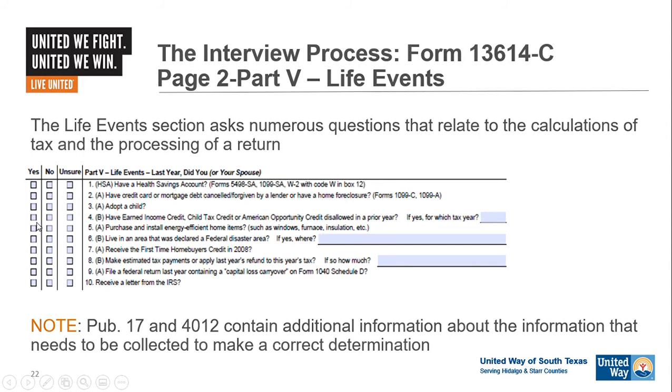This is also one where I've seen a few people ask us if they have solar panels. If you want, refer to your 4012 in order to make that determination. If they can't, you can just go under energy savings credit.